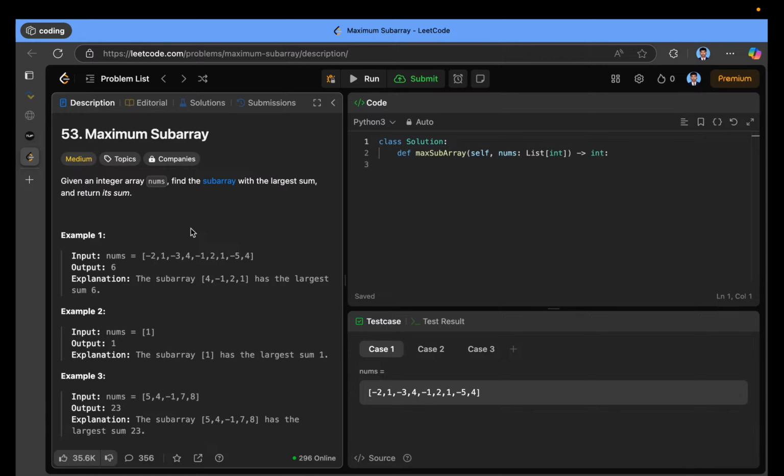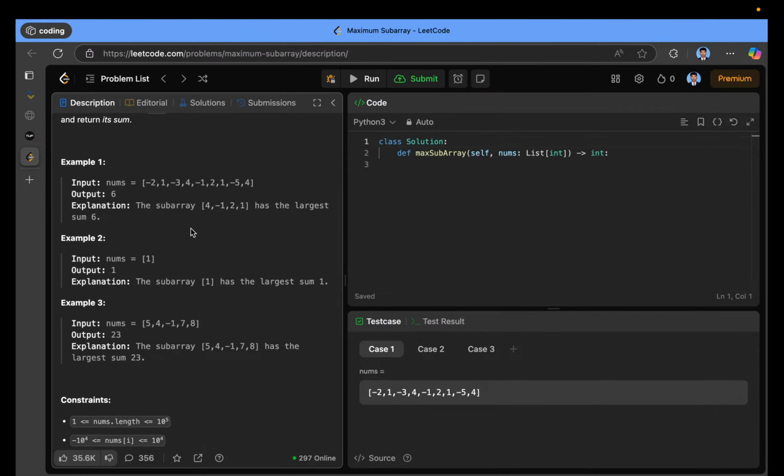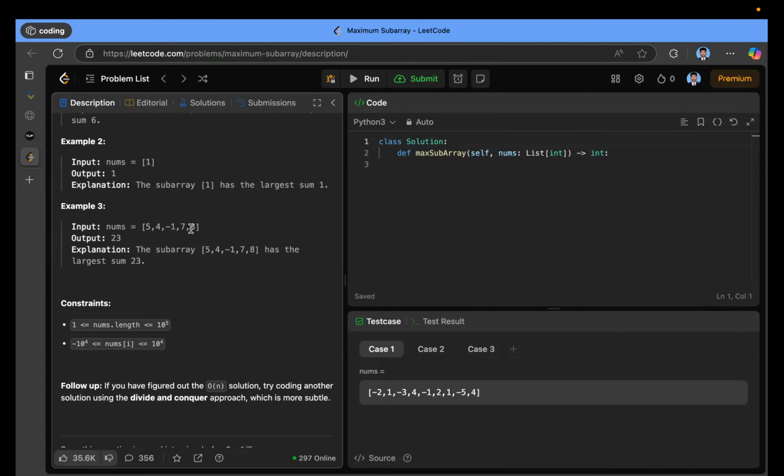The first thing, what should I do here? Follow up: if you have figured out the O(n) solution, try coding another solution using the divide and conquer approach.